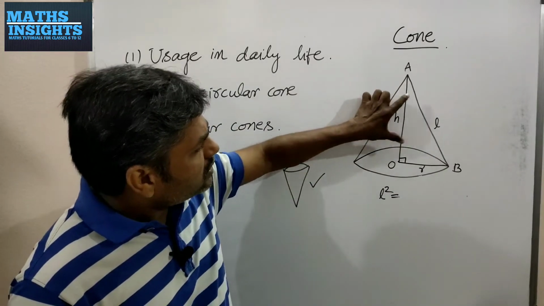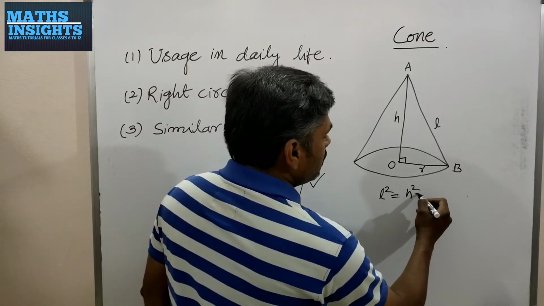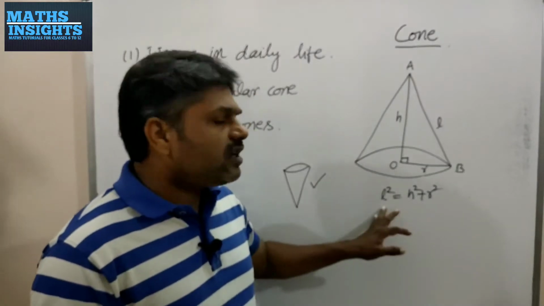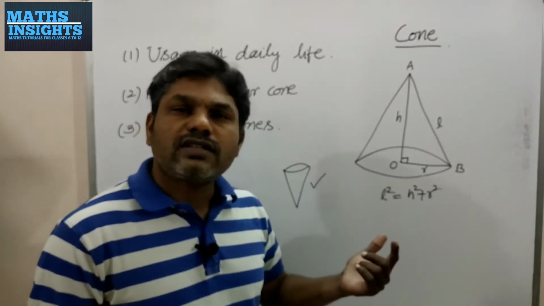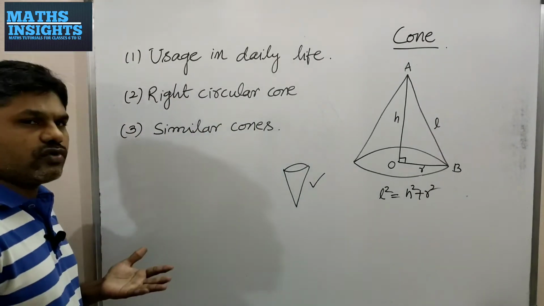See, this is the one side and this is the other side. So h square plus r square. So this is the relation among three dimensions, and in this, if you have two dimensions, you may calculate the third dimension also.